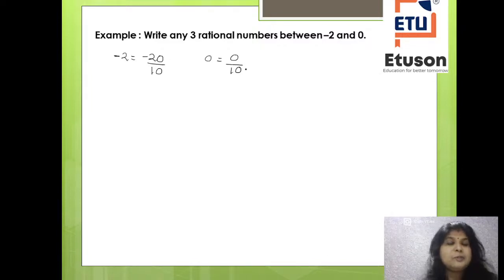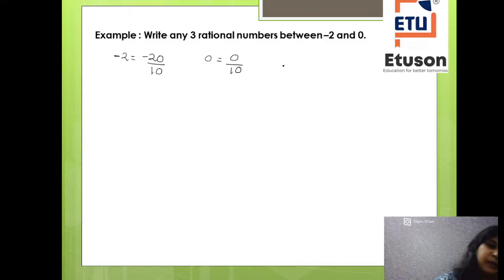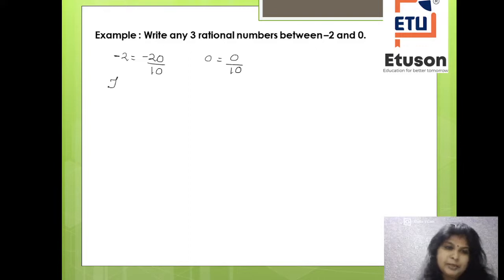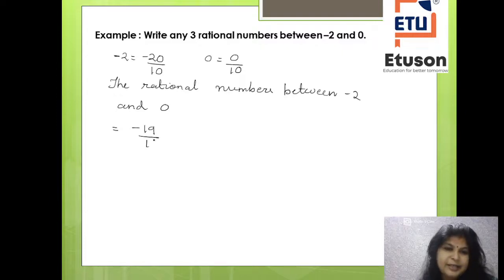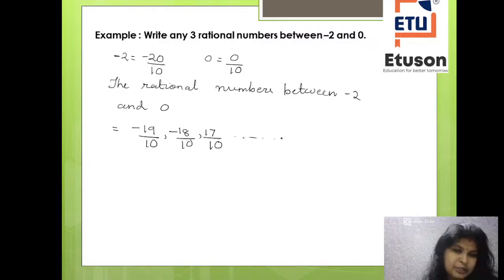So that it becomes easier on your part to find out the rational numbers in between. So the rational numbers between -2 and 0 are -19 by 10, -18 by 10, -17 by 10, so on and so forth till -1 by 10.